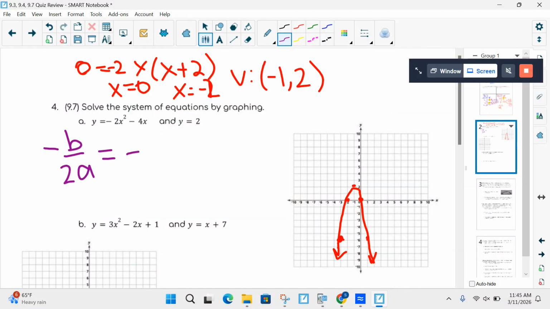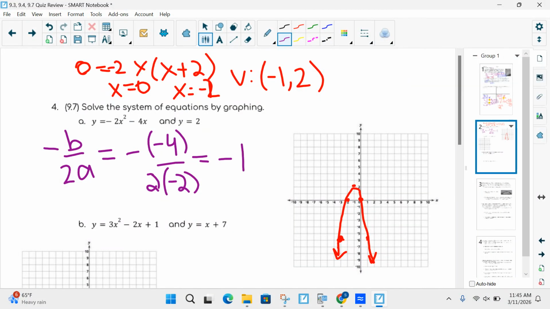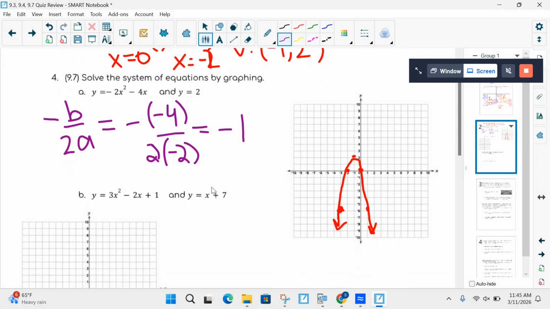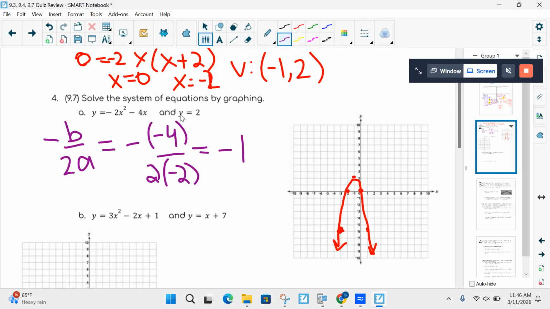So for that one, it would be -b, which is -4, over 2 times a, which is -2. But that still comes out to be -1. And then you could plug in extra values. You could use your table and your calculator to get more points, etc.